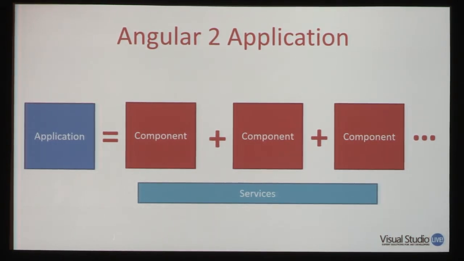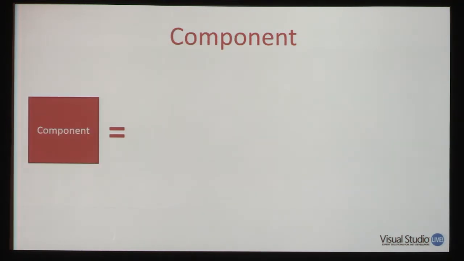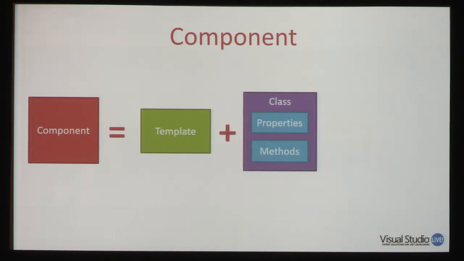So the next obvious question is, what's a component, right? A component is comprised of a template, and a template is basically an HTML fragment. So it's the actual visual part that you're going to show in the browser, plus a class. Okay, so we're going to have a class that is kind of our code behind.